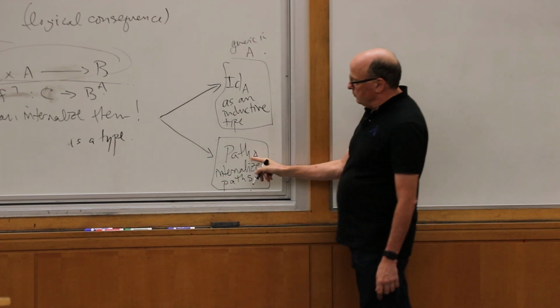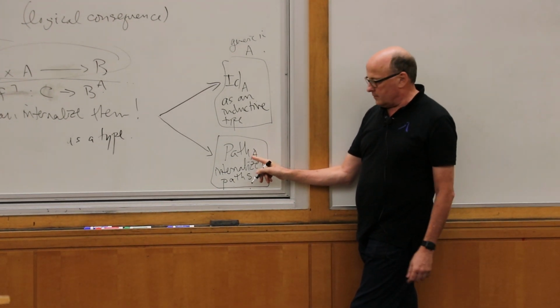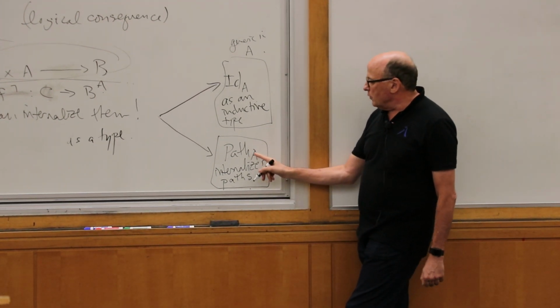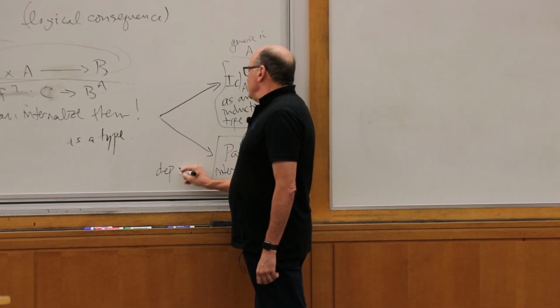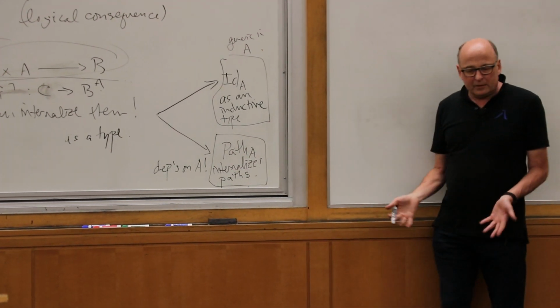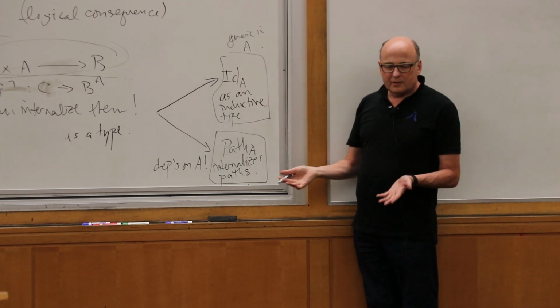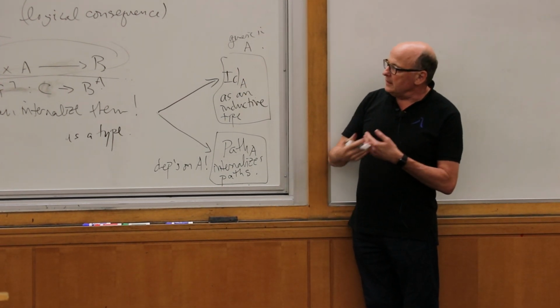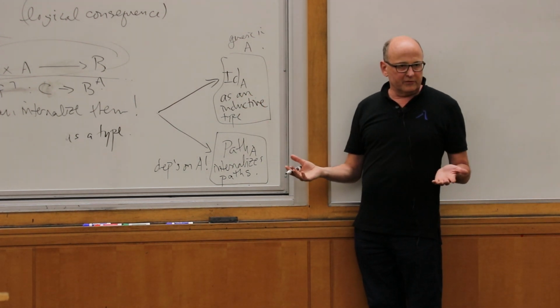Path A, actually it will be written slightly differently, but I'll suppress the full notation for the moment. So we'll have Path A, and what that type is depends on A. The paths in a type depend on what the type is, whereas the identifications, given by reflexivity and J looking for reflexivity, don't care what the type A is, you just look for reflexivity.